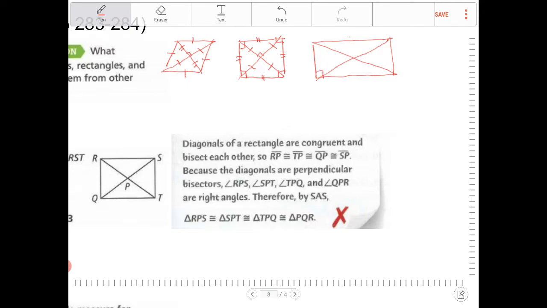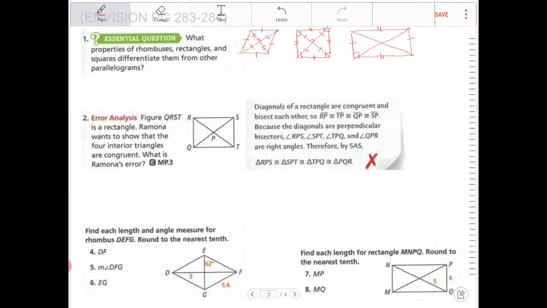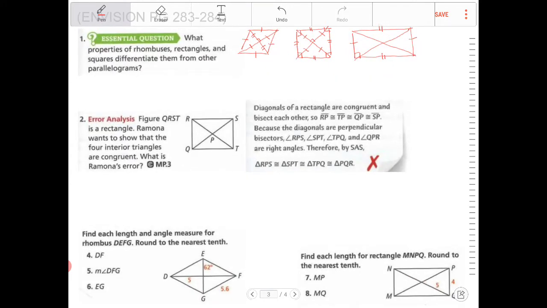So a rectangle is a parallelogram where the diagonals are congruent and there is at least one right angle. And with that, these are the properties that make those quadrilaterals different from a parallelogram. It's a more specific kind of parallelogram, if you will.